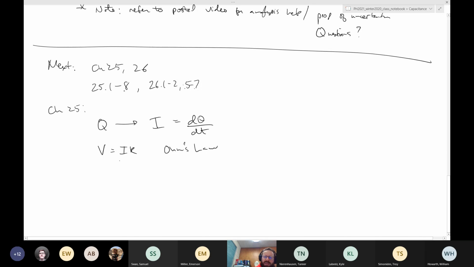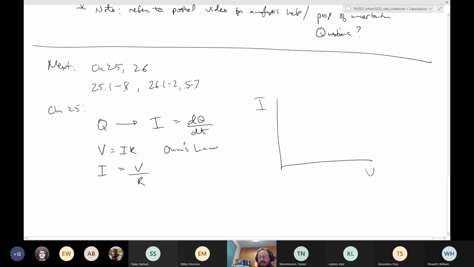You can think of this as telling you how current depends on voltage. So current is proportional to voltage through the resistance. If you have a large resistance, you're going to have a small current. If you have a low resistance, you'll have a large current for a given applied voltage. Sometimes you see this plotted as IV curves.